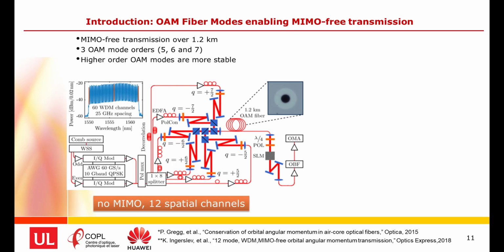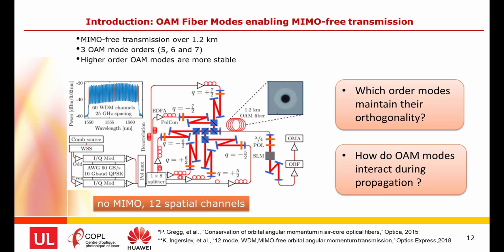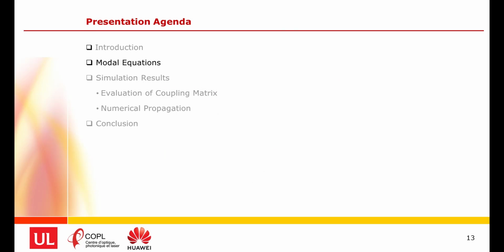You can see that they deliberately targeted the higher order modes because they found them to be more stable. So our questions when we moved to our modeling were: which order modes maintain their orthogonality to permit MIMO-free operation, and how do these OAM modes interact during propagation, which will help us predict this. So we'll go into the equations now.